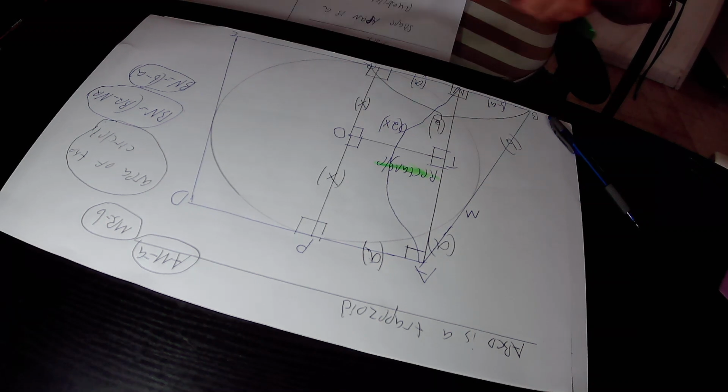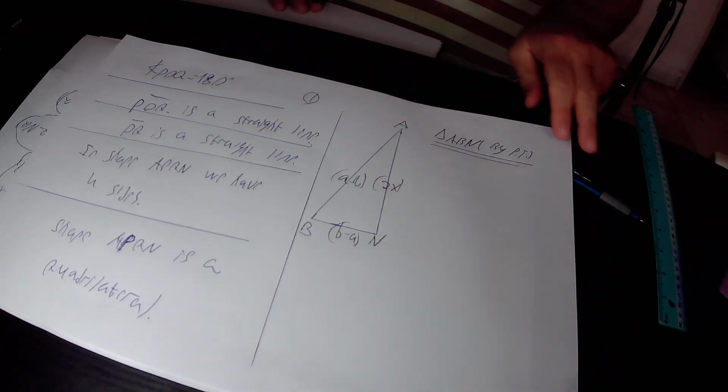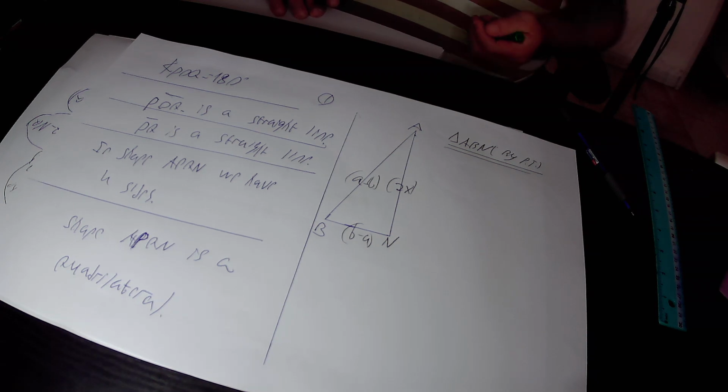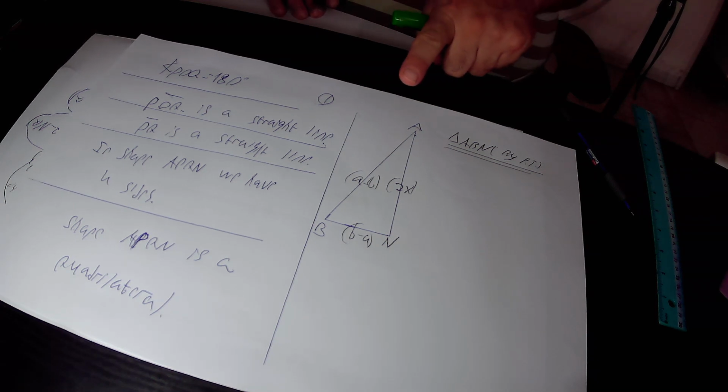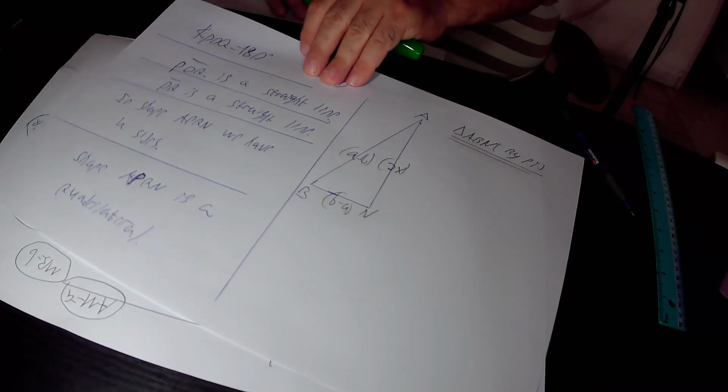So actually, this is the right triangle ABN that is going from the original drawing. In this right triangle ABN, according to the Pythagoras theorem, AB squared equals AN squared plus BN squared. So I write it down.